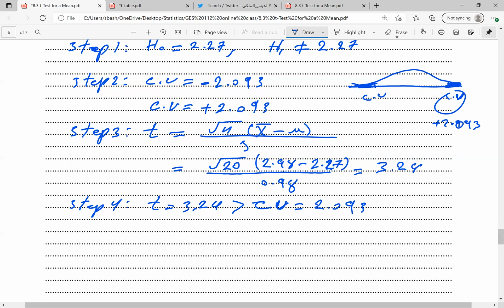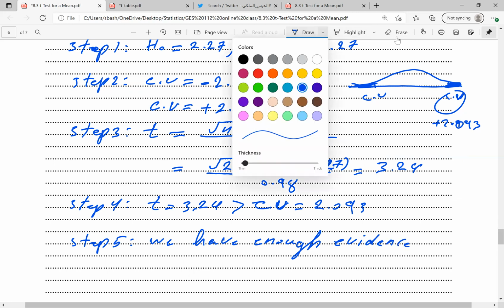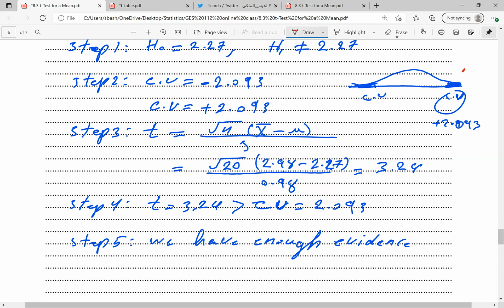So step number 5, we have enough evidence. So this is rejected. This 3.24 must be rejected.